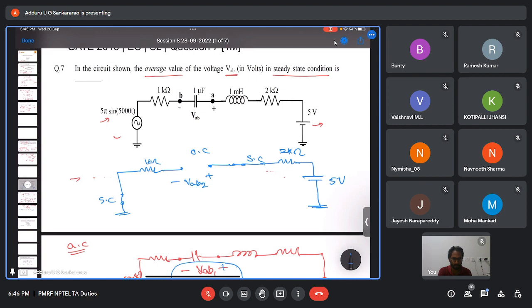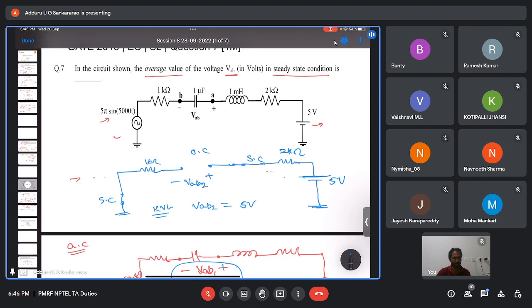Now in steady state, the capacitor is completely charged to the source voltage. Again you can apply KVL here. What we get is VAB2 equal to 5 volts, right?